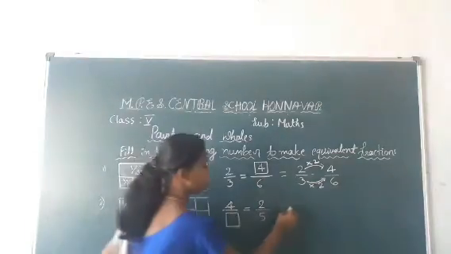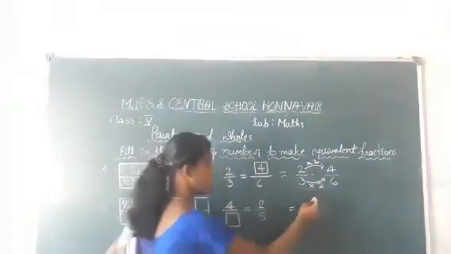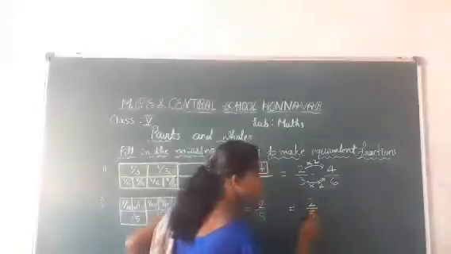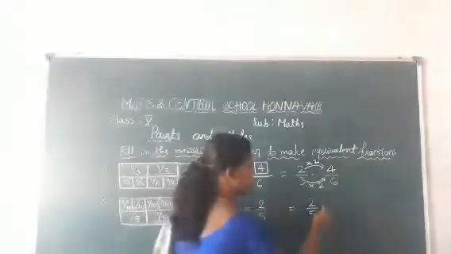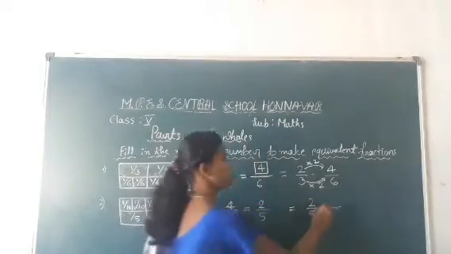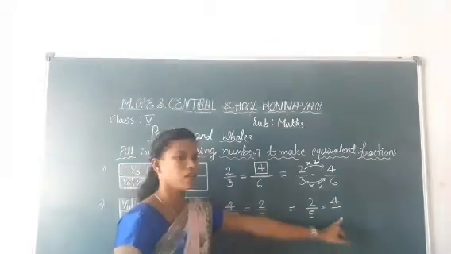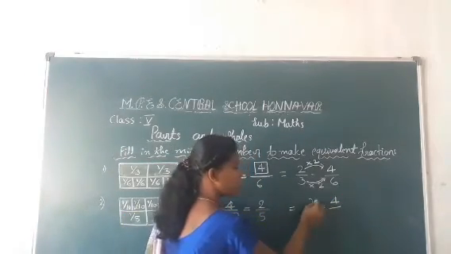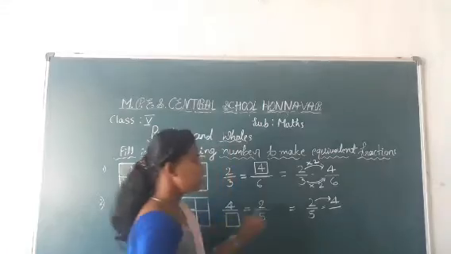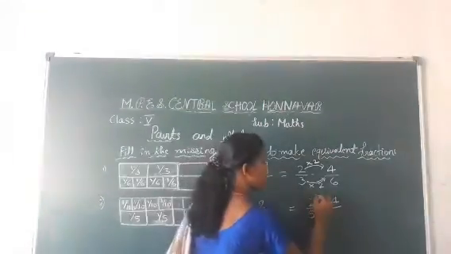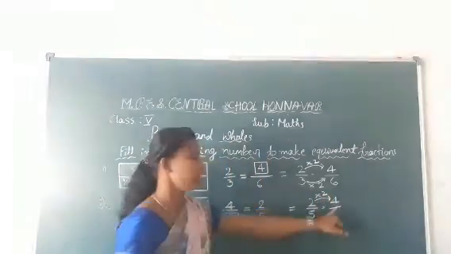See what we do. We apply this method. We have 2 by 5 and we know the numerator. We want the denominator. If you multiply the numerator by 2, we get 4.